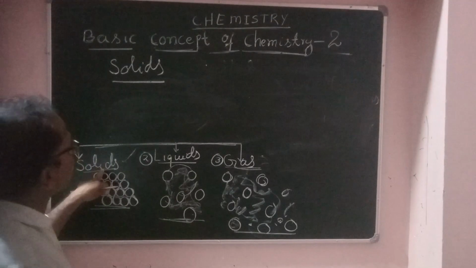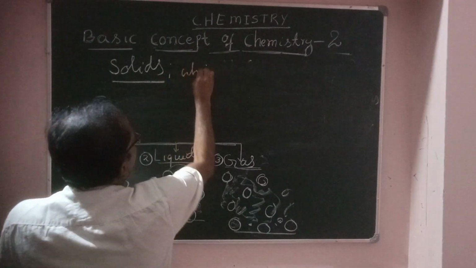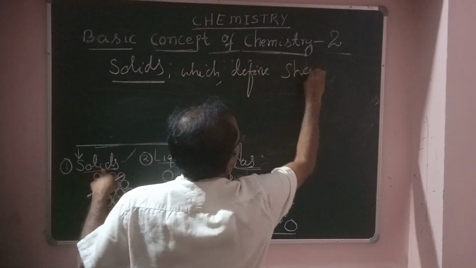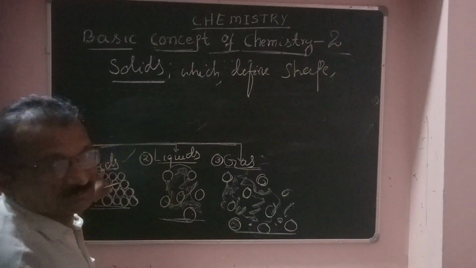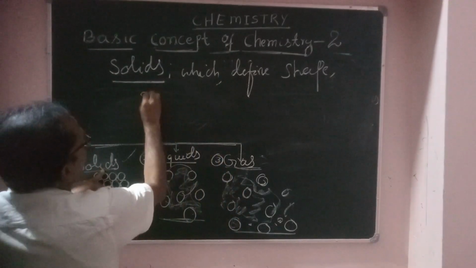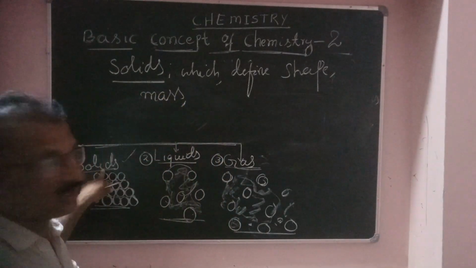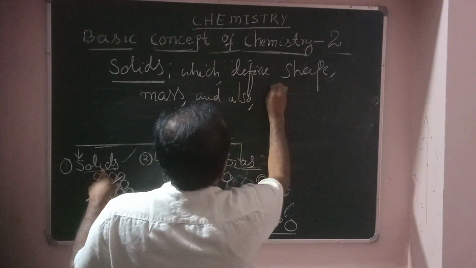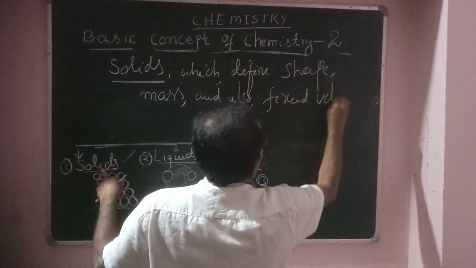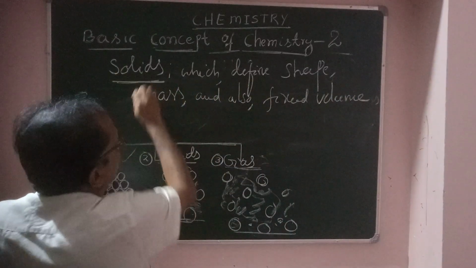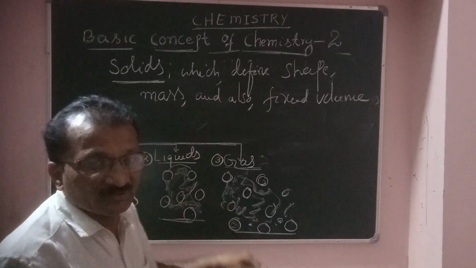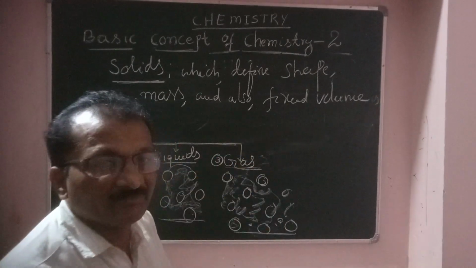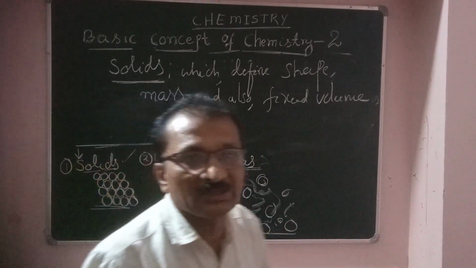Solid is one of the states of matter which has a definite shape or fixed shape, a definite mass, and also a fixed volume. That is called a solid. I showed so many examples.